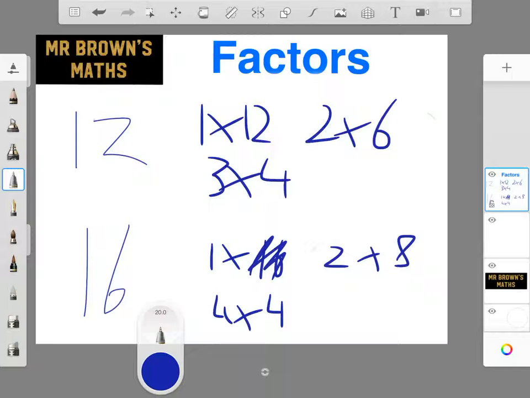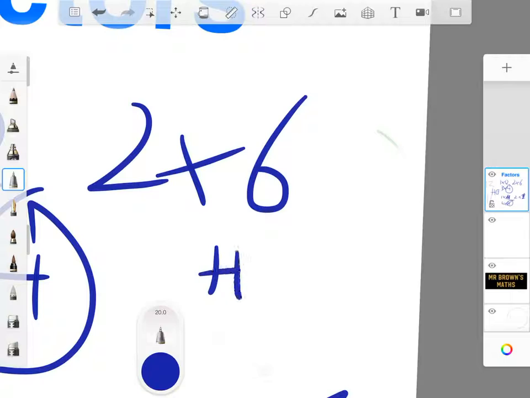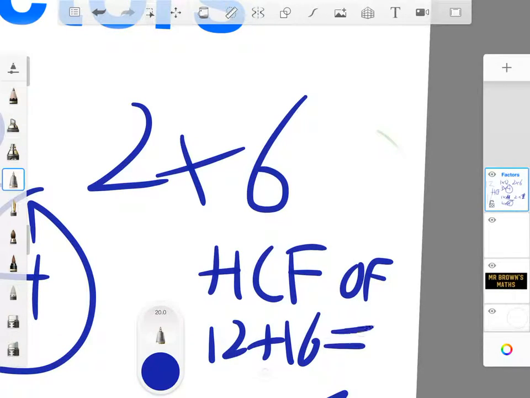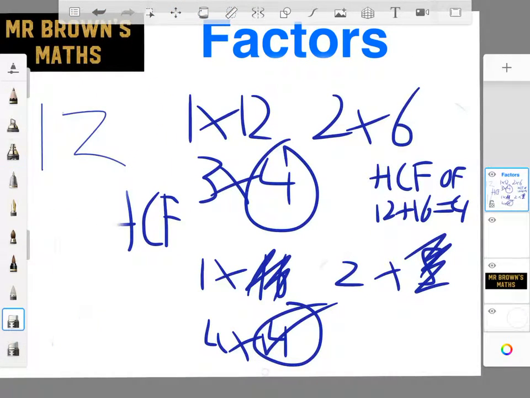Our next biggest one is 8. Does 8 go into 12? No, so you can cross that out. 4 is our next biggest. Does 4 go into 12? Yes, it does. So 4 is our highest common factor. HCF of 12 and 16 is 4. We're going to go through one more example of highest common factor.